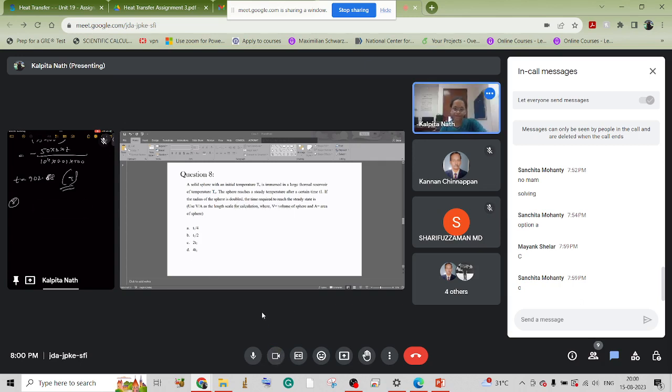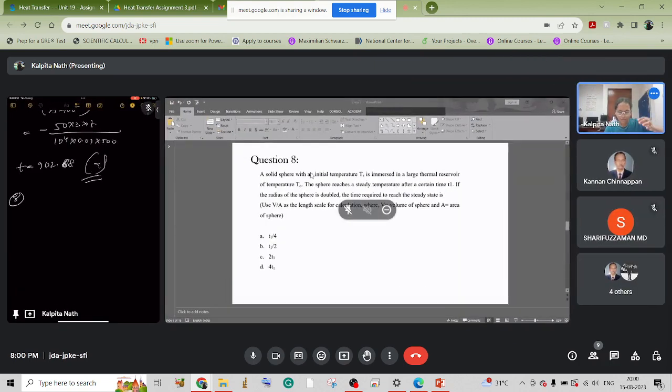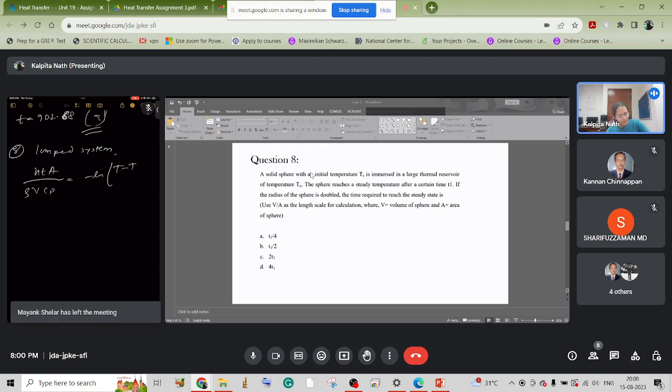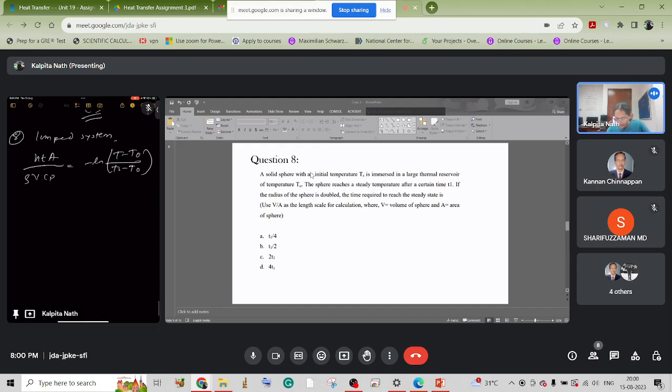Option C. Okay, let us check. Let us solve this. So, what is happening? First, we know that for a lumped system, hAt by rho V Cp is equal to minus ln of (T minus T naught) by (Ts minus T naught).